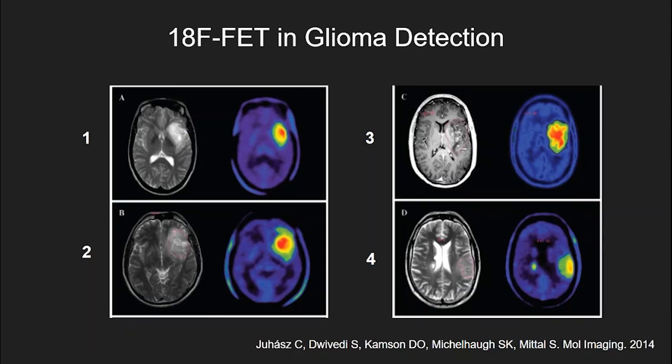As can be seen on these images, they broke these tumors down by grade, looking at grade 1 gliomas, grade 2 gliomas, grade 3 gliomas, and grade 4 gliomas, and all demonstrated significant FET uptake with relatively low background brain parenchyma uptake. Comparison MRI images are shown to the left of each tumor.